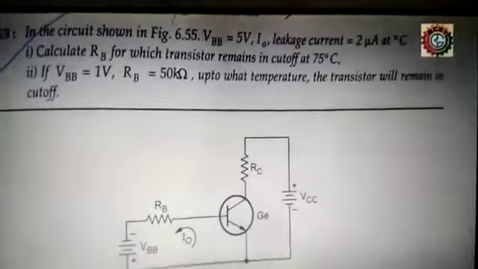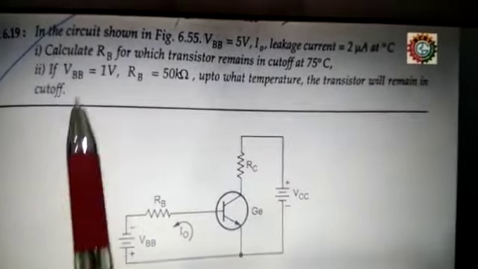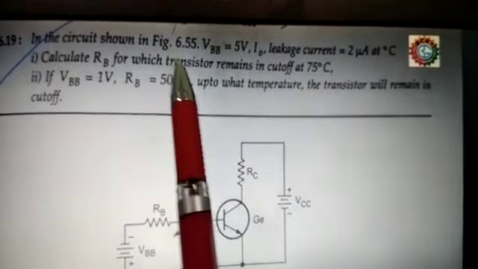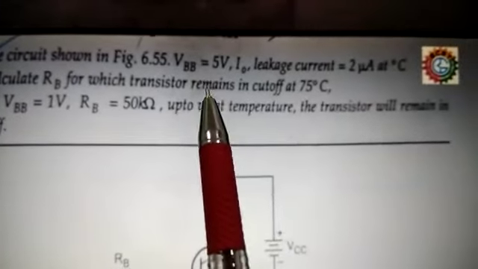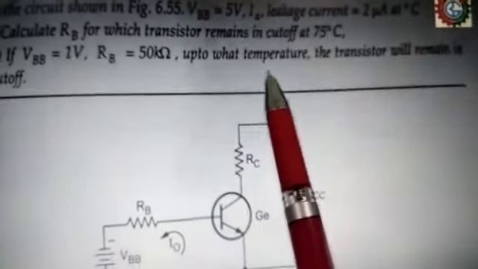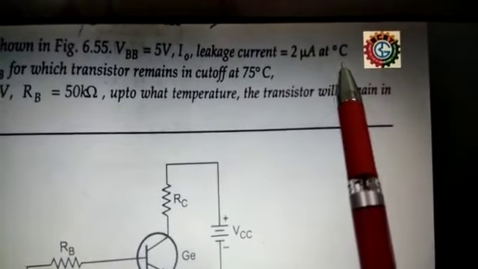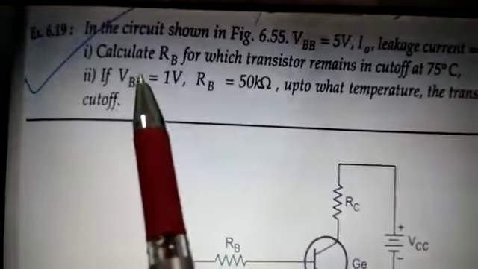Now let us go for the numerical, because we have already gone through the various aspects of the transistor. Consider the circuit shown below. VBB is 5 volt and the leakage current I0 is 2 microampere at 25 degrees centigrade.